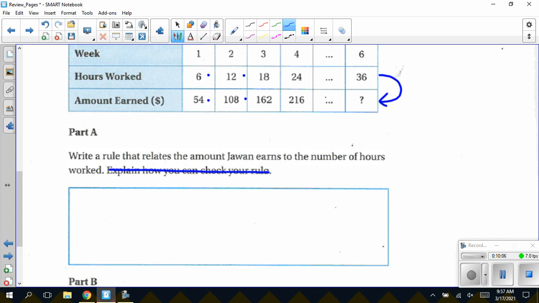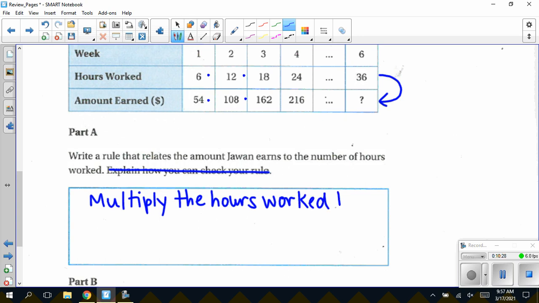I could do the same thing for the 18 and the 24, but with the first two, I can already tell that my rule will be to multiply the hours worked by 9. So I found my rule is to multiply by 9.